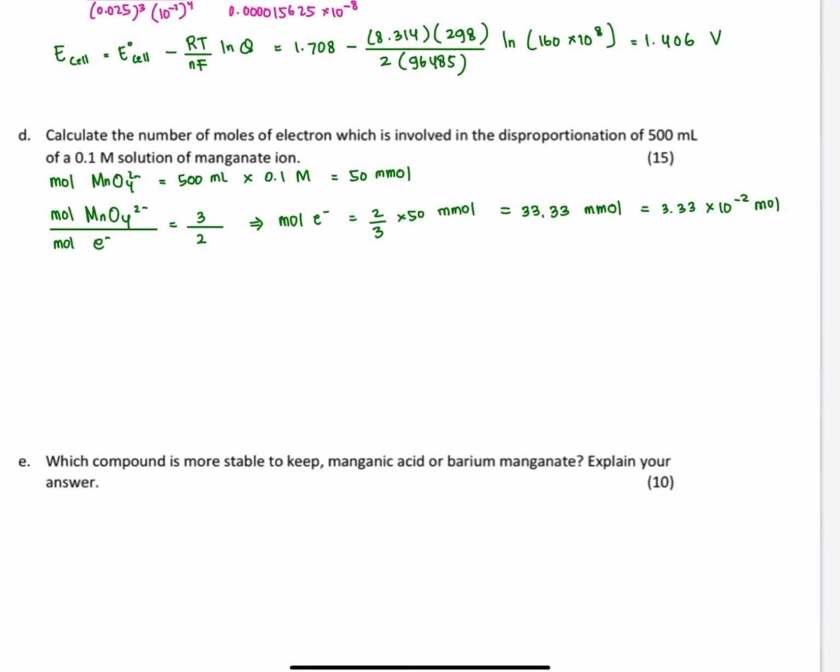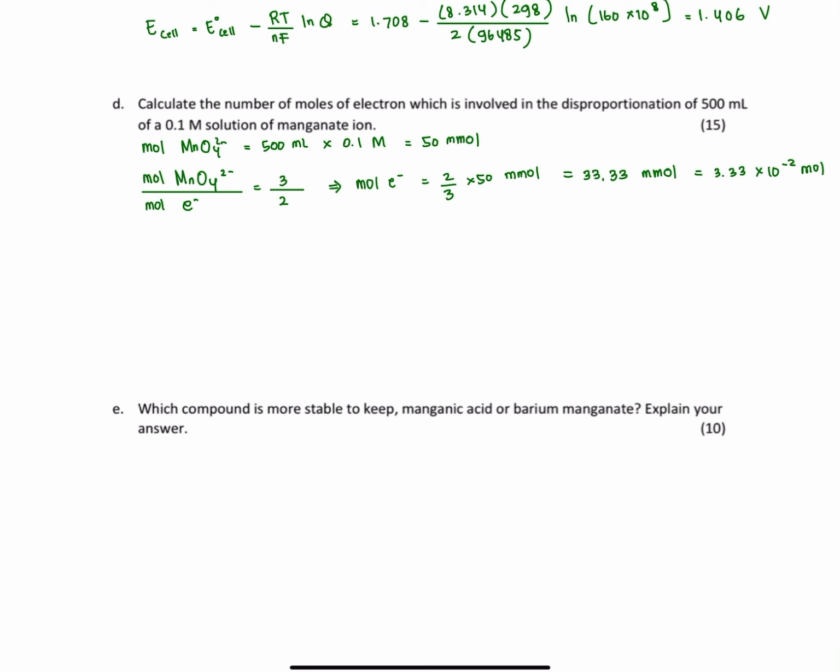Okay, let's take a look at question C. Which compound is more stable to keep, the manganic acid or barium manganate? So let's take a look. Here, manganic acid. So we have the manganate ion. So here we need 2H plus to form the acid. So let's say I'm going to write here.